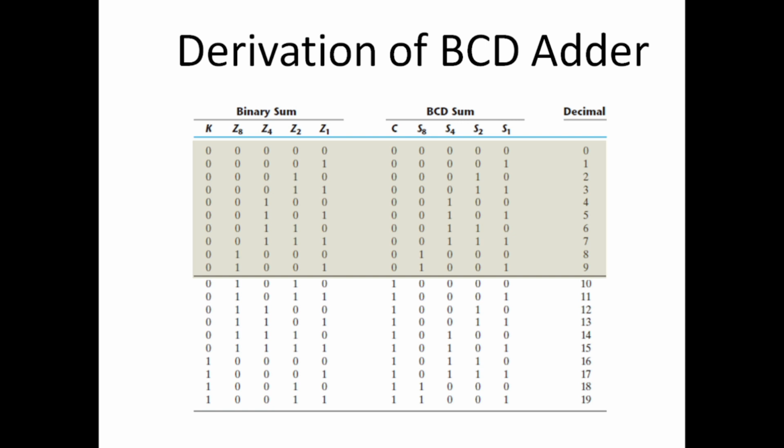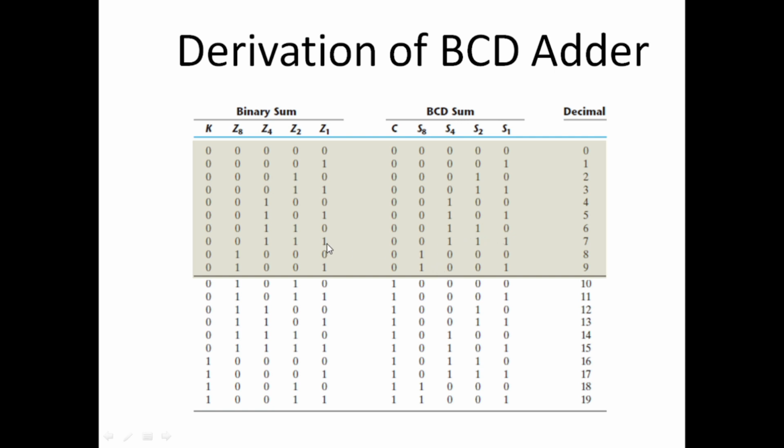For these 10 cases, let me give you an example. For example, if the first binary number is 3 and the second binary number is 4, then 3 plus 4 becomes 7, so 7 in binary is 0111 and 7 in BCD is also 0111.